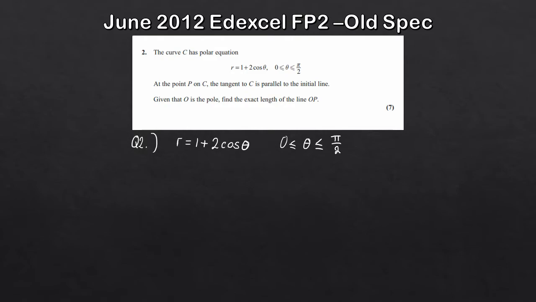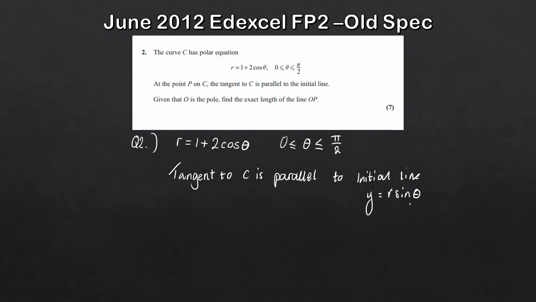So the reason that's important is because if the tangent to C is parallel to the initial line, then we can use y equals r sine theta. Okay, so why are we using y equals r sine theta? Well, it's because we're told that it's parallel.